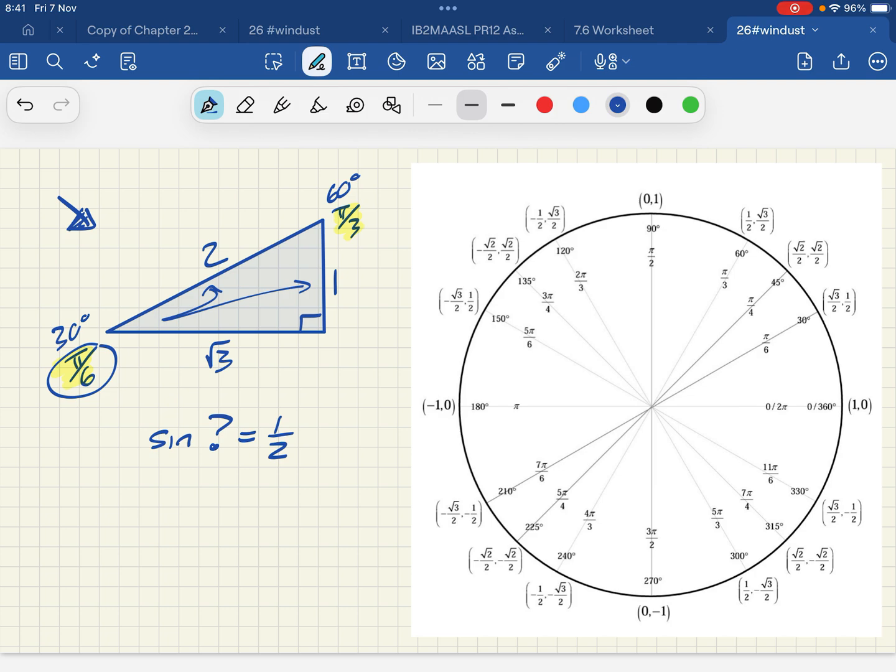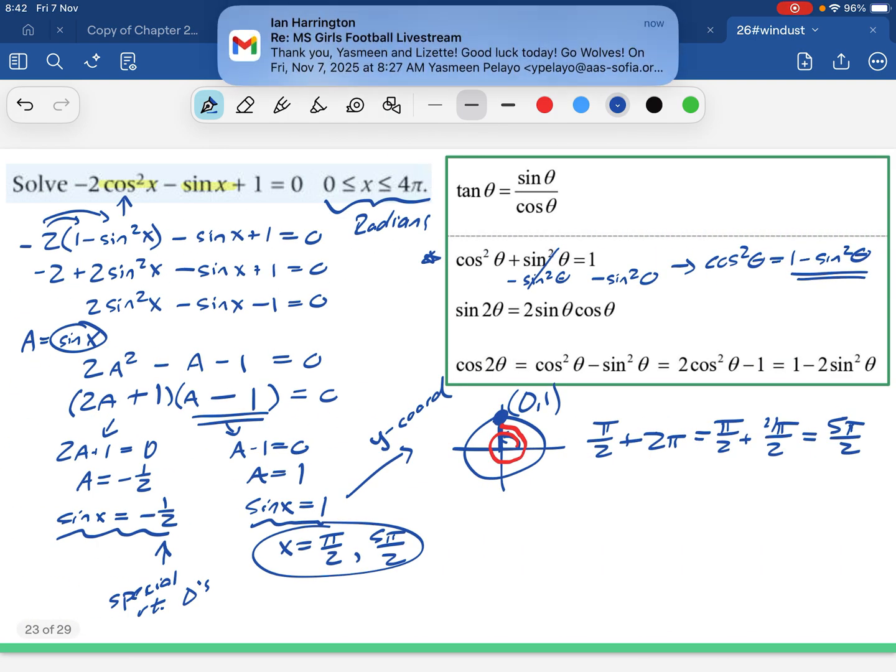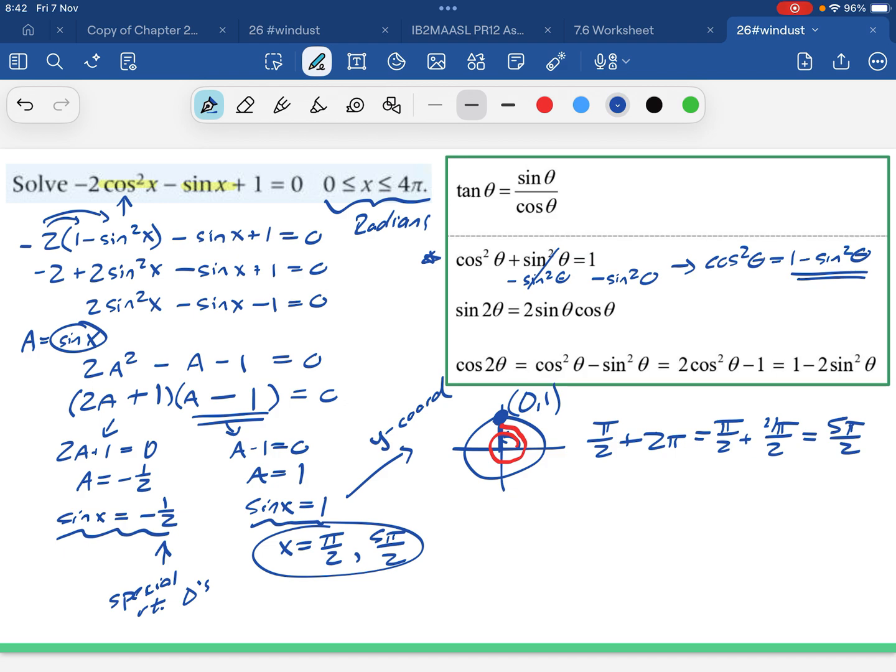So that tells me that the sine of pi over 6 is equal to 1/2, which is great, but remember what I'm trying to make on this problem. The question's asking, when is the sine of x equal to -1/2? So this is where you have to then think about your unit circle. Where is the sine negative? Or in other words, where are the y values on the unit circle negative?